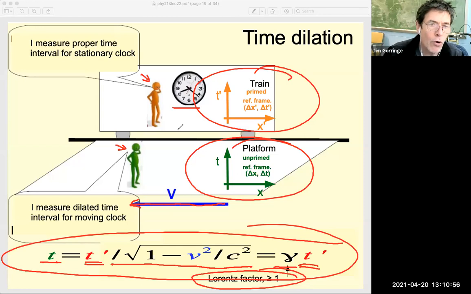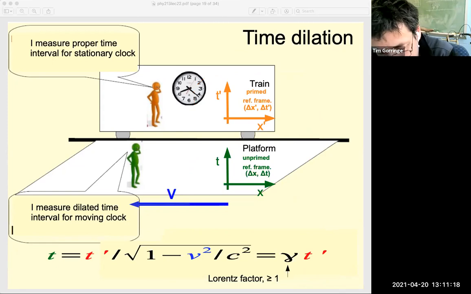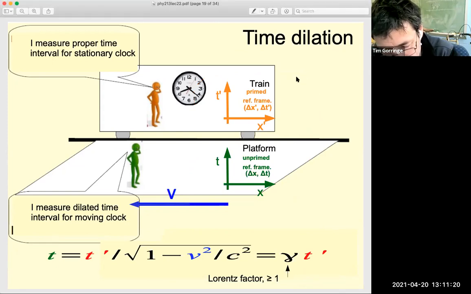So the faster it's moving with respect to the train, the more time stretches out when that observer watches the train clock. The seconds seem to get longer and longer. The hours seem to get longer and longer. And so that's time dilation. That's one new novel effect in relativistic space-time.